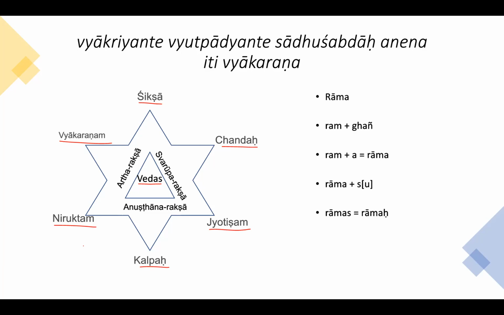This reduction of the Vyakarana into a smaller work is not new to Harinamāmṛta Vyakaranam. It also exists in Panini's Vyakaranam. Panini has written his Vyakaranam in 8 chapters. That's why it is called Ashtadhyayi, 8 adhyayas. Adhyaya means chapters.